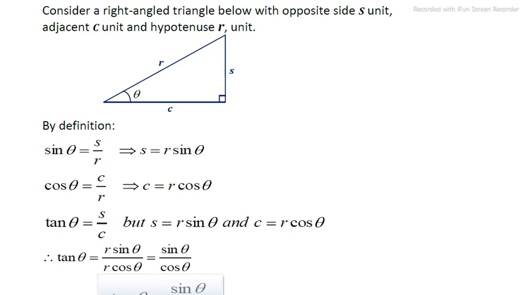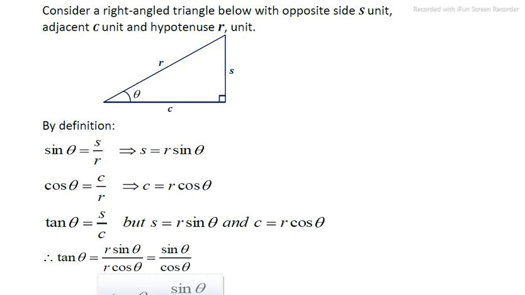Still, we saw that cos of theta is given by the adjacent, which is C over hypotenuse R, which gives us C as R cos theta.